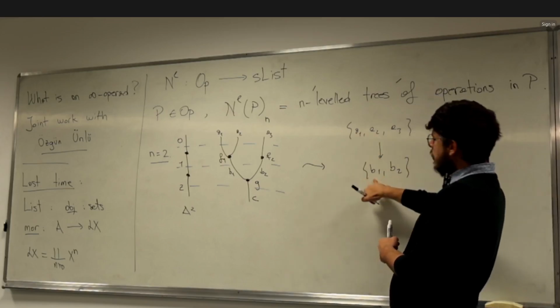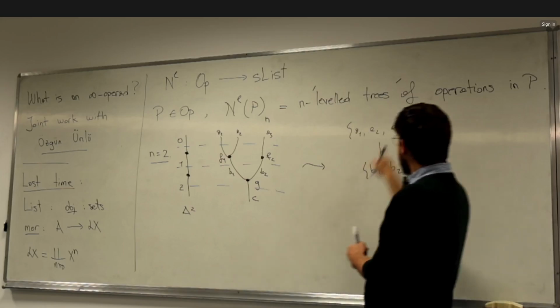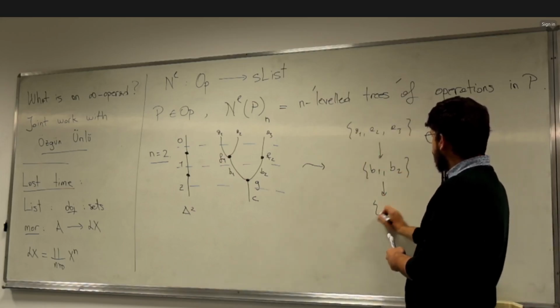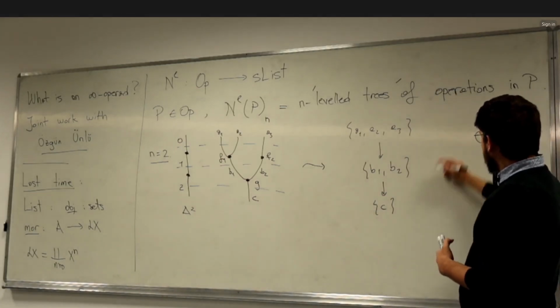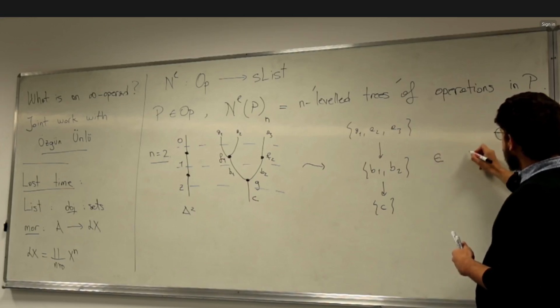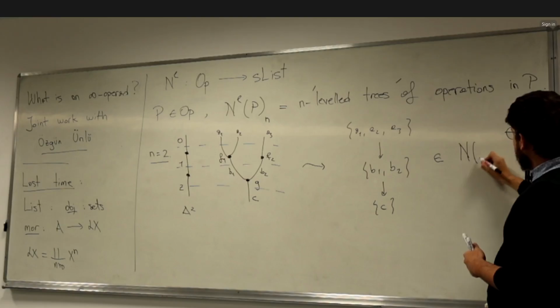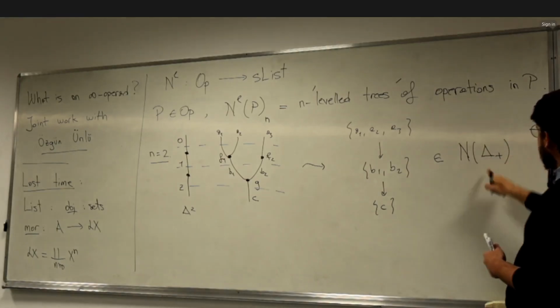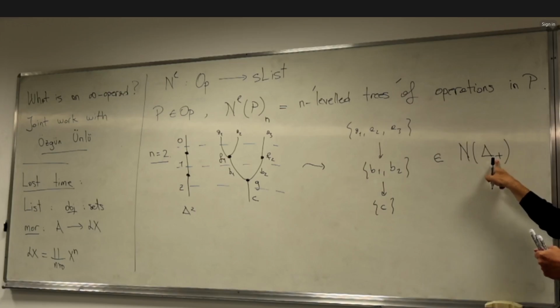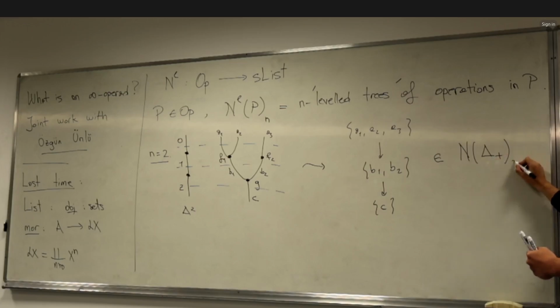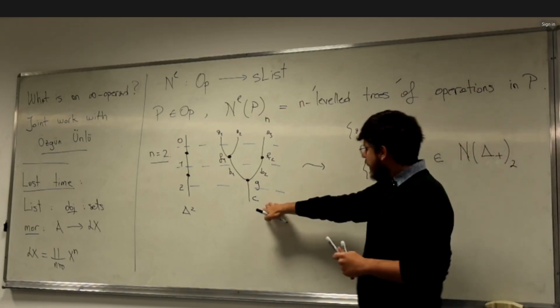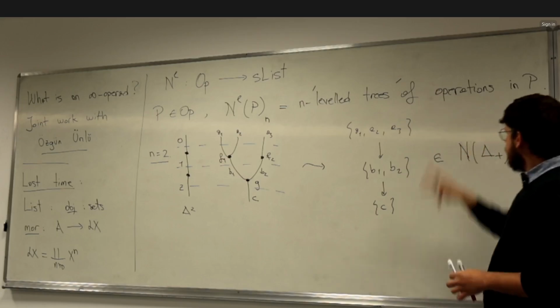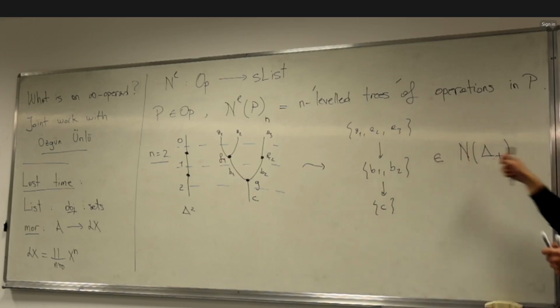A1 and A2 go to B1, as the picture suggests, and A3 goes to B2, and then to the set C. So this is a 2-simplex in the nerve of the category of finite ordered sets. And so we have this correspondence between level trees and simplices of this category.